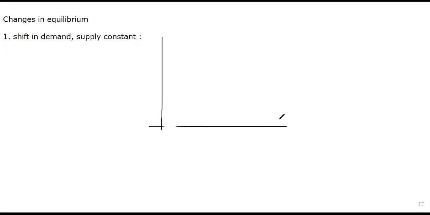See, there are 2 ways to understand these changes in equilibrium price and equilibrium quantity. Either you can learn this by heart, or my suggestion is always to visualize the situation graphically, because in your exams, questions are generally given on a case study basis.